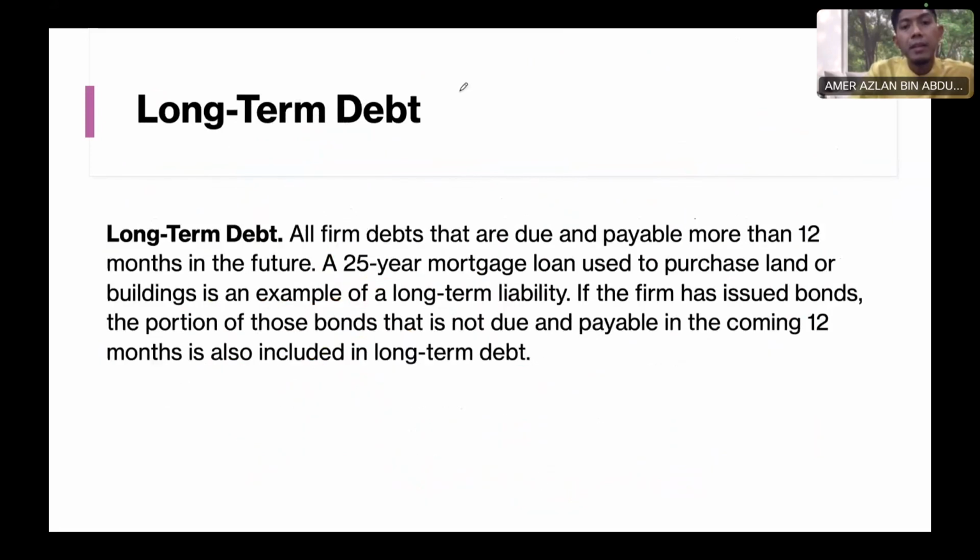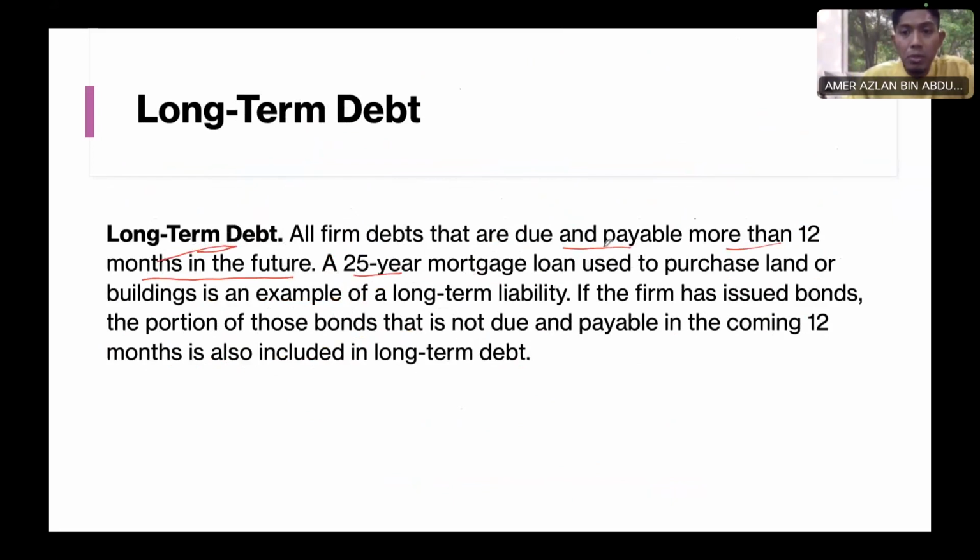Okay. And next we have another type of debt, which is the long-term debt. So it's very obvious. It's all firm debts that are due and payable more than 12 months in the future. For example, a 25-year mortgage loan where you borrow money from the bank. Maturity date in the next 25 years.